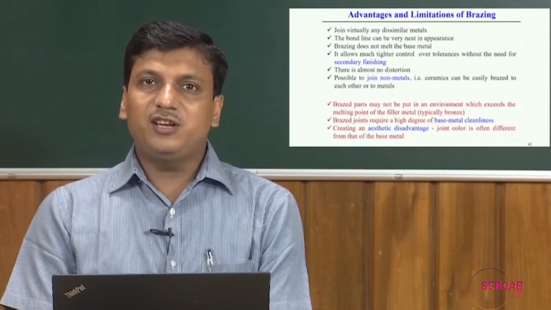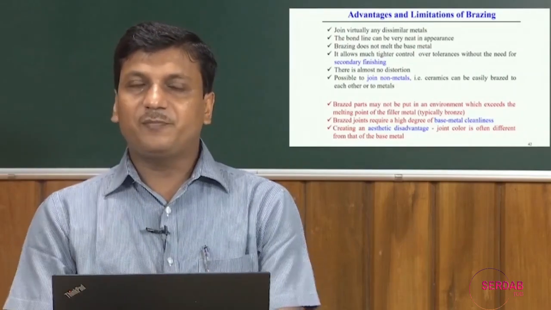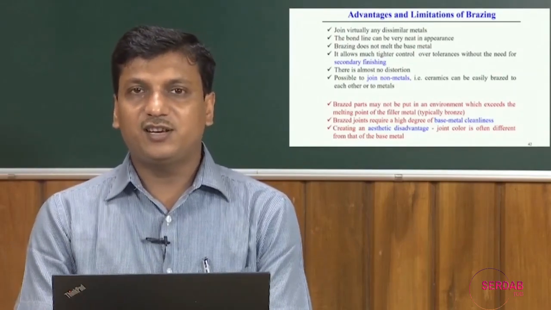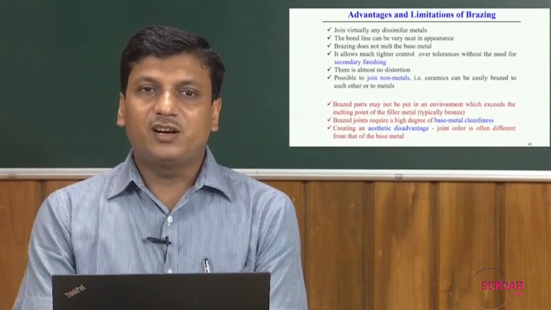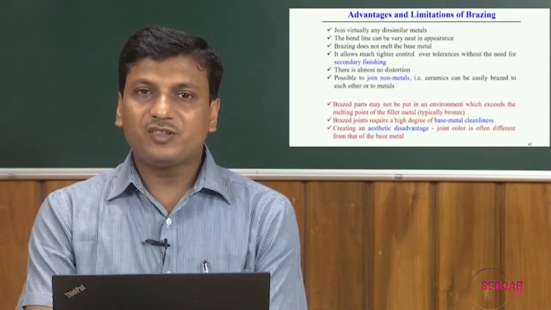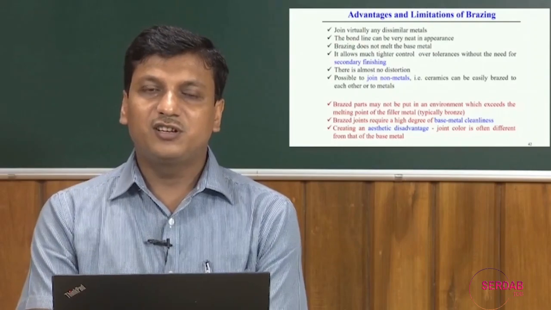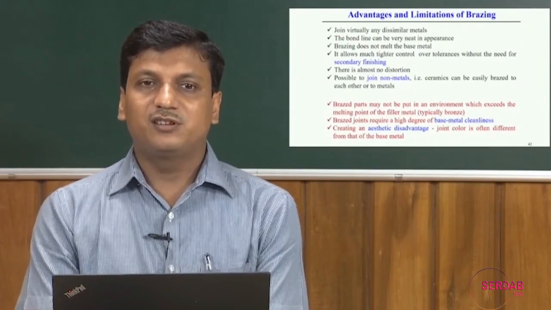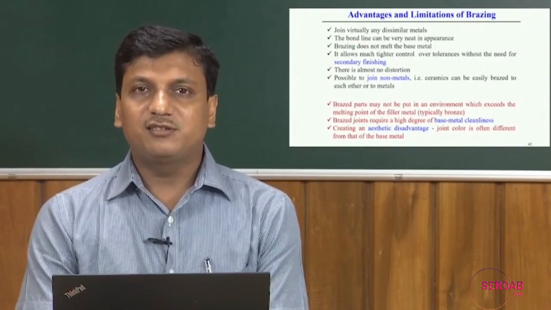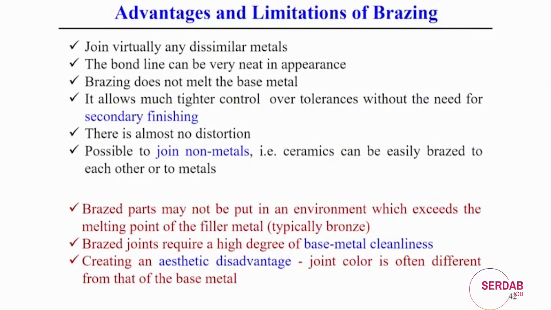So, in general, if we look into the typical advantages and disadvantages of the brazing process, first we look into the advantages. The first thing is that it can join any kind of dissimilar materials or dissimilar metals. The bond line between these two dissimilar metals is very neat in appearance.